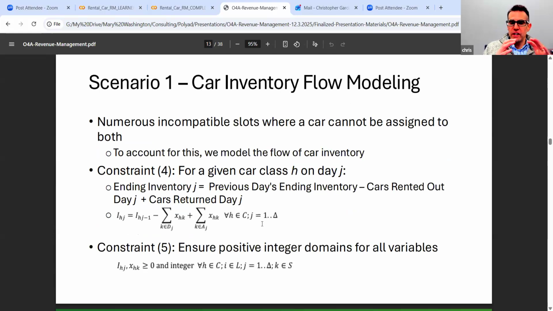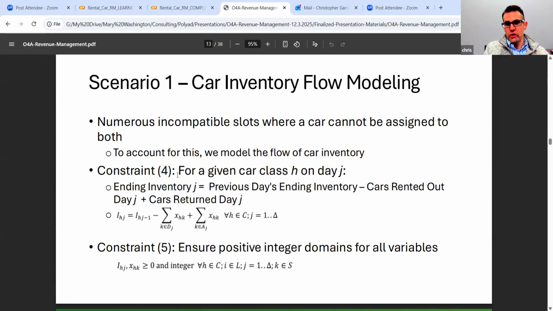Okay, and now we come to really, I think, the key constraint that ties all this together, which is the inventory flow modeling here. So we have lots of incompatible slots where a car can't be assigned to both. And to account for this, there's a couple of ways we can do this, but a way that really generalizes to multiple locations is to model this as car inventory flow modeling.